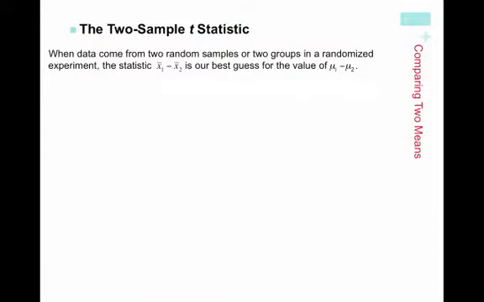Okay, t-statistics, confidence intervals. Here we go. So when data come from two random samples, the statistic x bar 1 minus x bar 2 is our best guess for the value of mu1 minus mu2, because a lot of times we don't know the population value. We've been studying that.